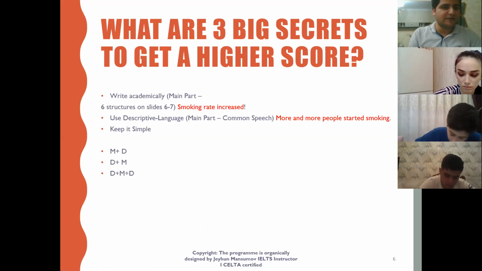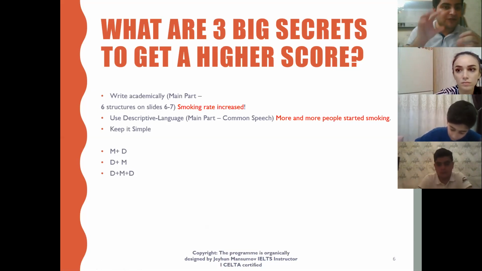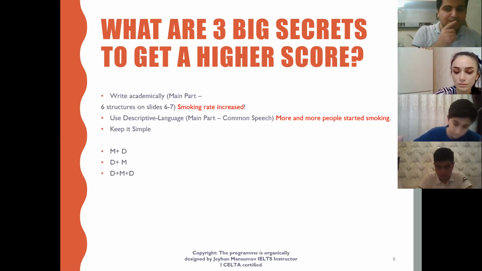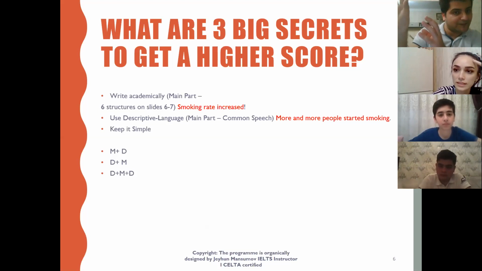Why did we create these main and detail parts? So main means the given information, main information from the picture. For instance, you're looking at the picture and seeing that the line is increasing. So this is main information. But the detail part is, for instance, smoking rate increased. This is main. Which rose from 70% to 90%, and this is detail.